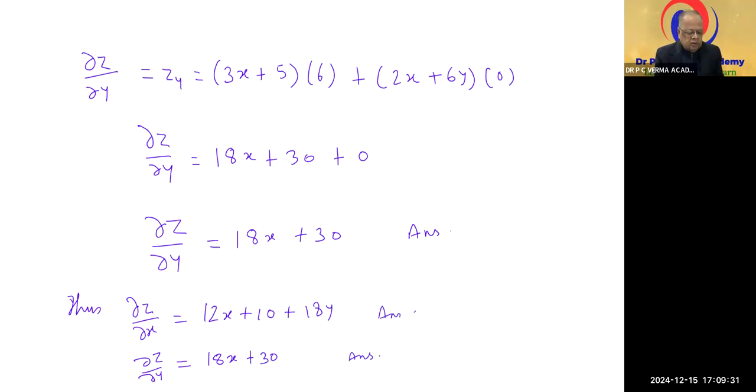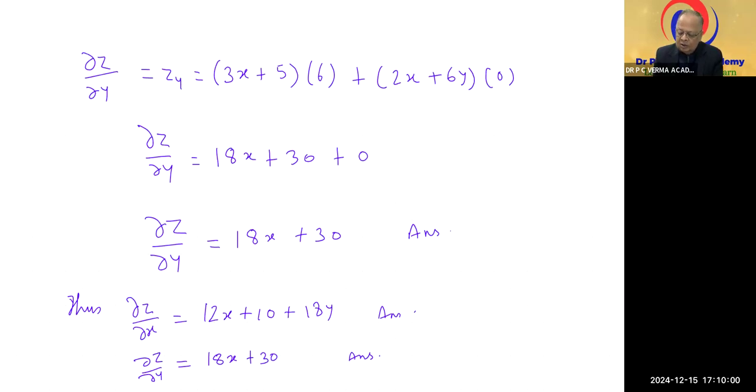So in this way, you will calculate whatever question is related to partial derivative. You will apply this technique and find out the partial derivative with respect to x, y, z. There will be 3 variables, 2 variables, and we all know that in economics there are 5 factors of production: land, labor, capital, organization, entrepreneur.